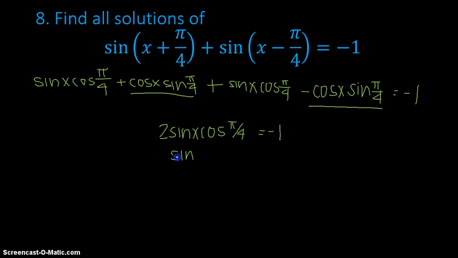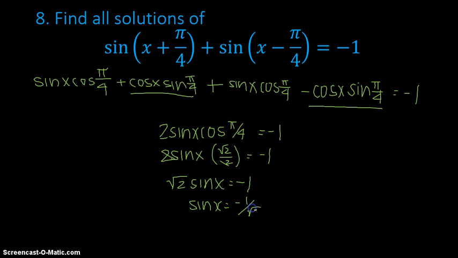So 2 sine x, cosine pi over 4 is radical 2 over 2, equals negative 1. 2 times that is just going to cancel. So now I have radical 2 times sine x equals negative 1. So sine x equals negative 1 over radical 2, which would be the same as negative radical 2 over 2.